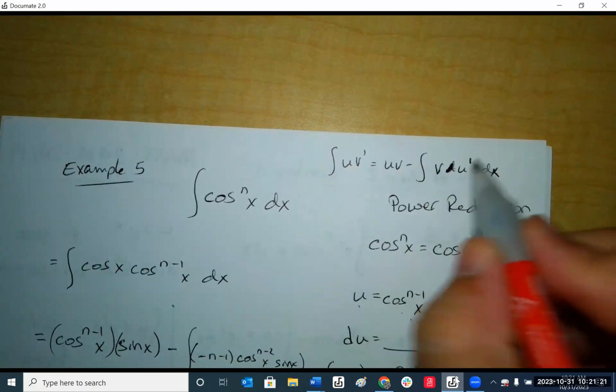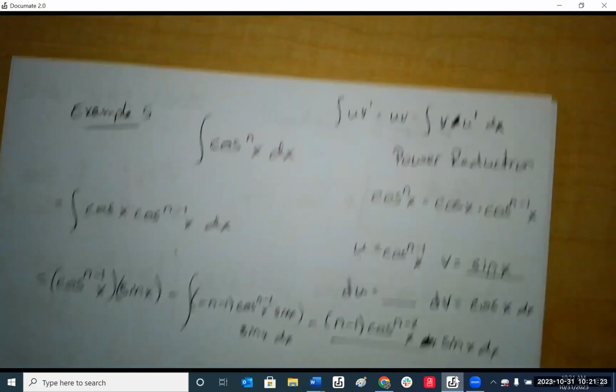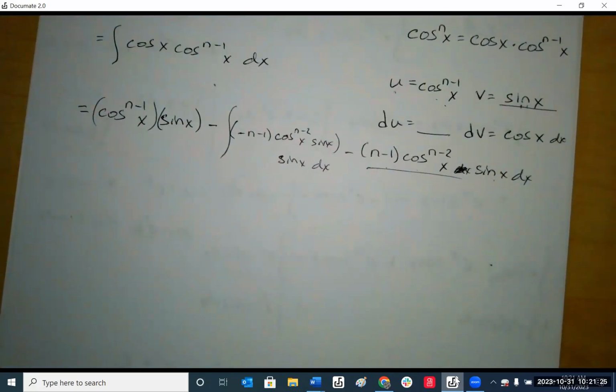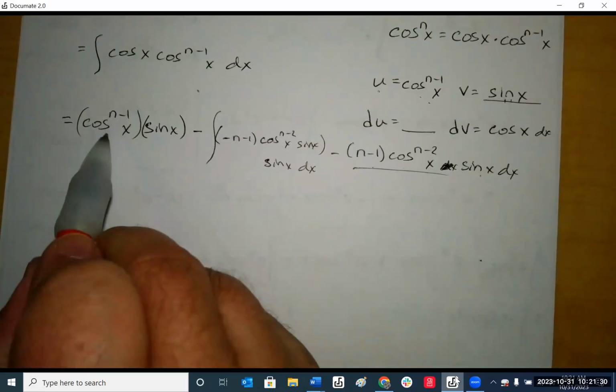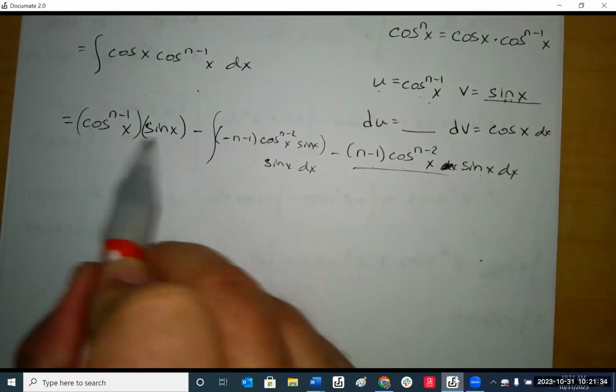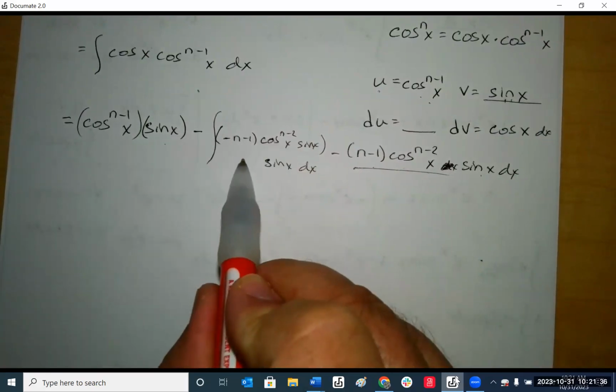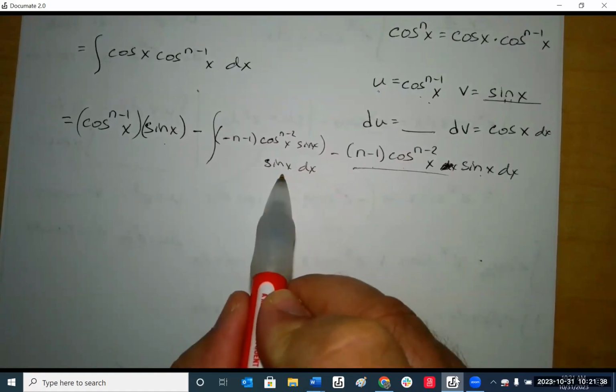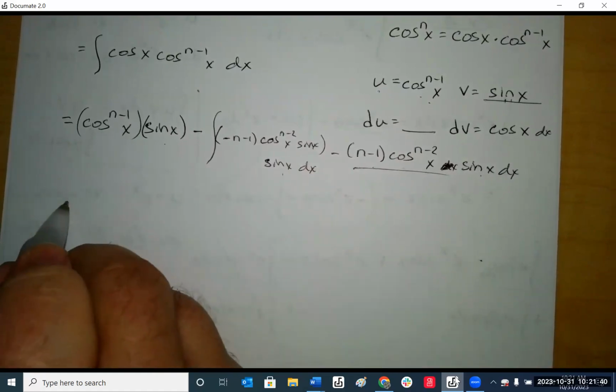So we have those. So here's uv minus the integral of v u prime.